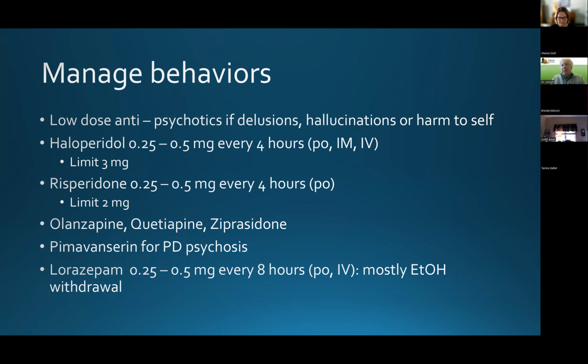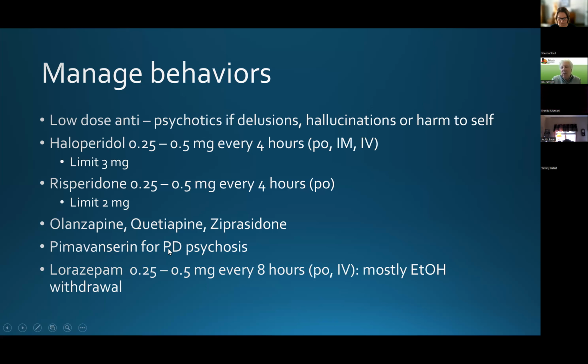So once the delirium is resolved, months afterwards, the person is still on the antipsychotic for really no good reason. I just want to mention down here, there's the olanzapine, the quetiapine, and the ziprasidone. I use quetiapine quite a bit more, just because you can use very, very low doses, and it's a little bit more sedating.